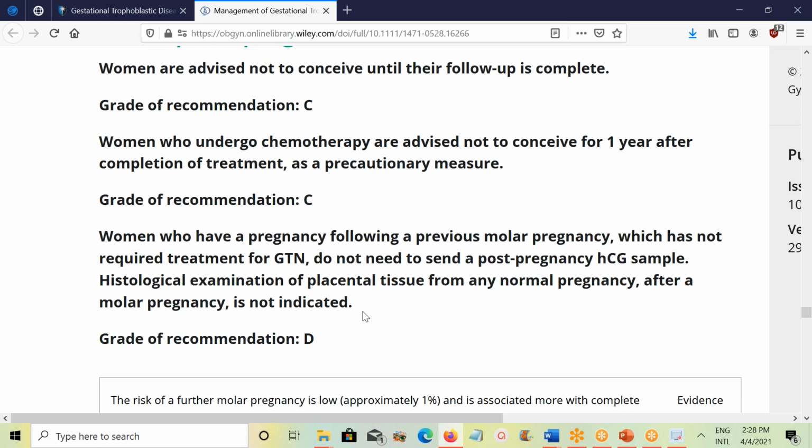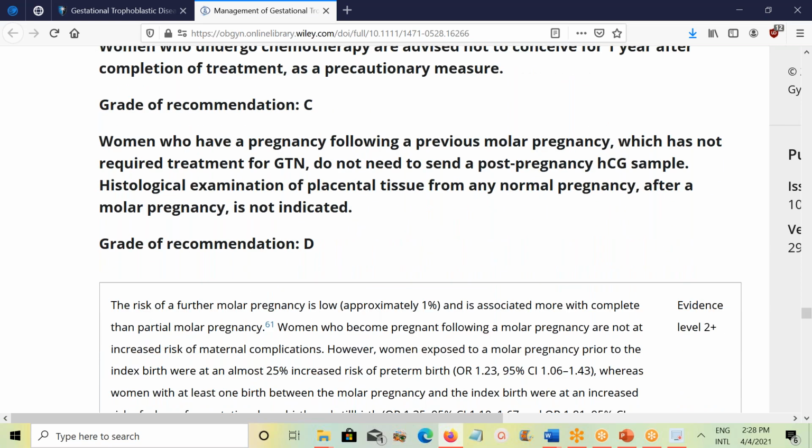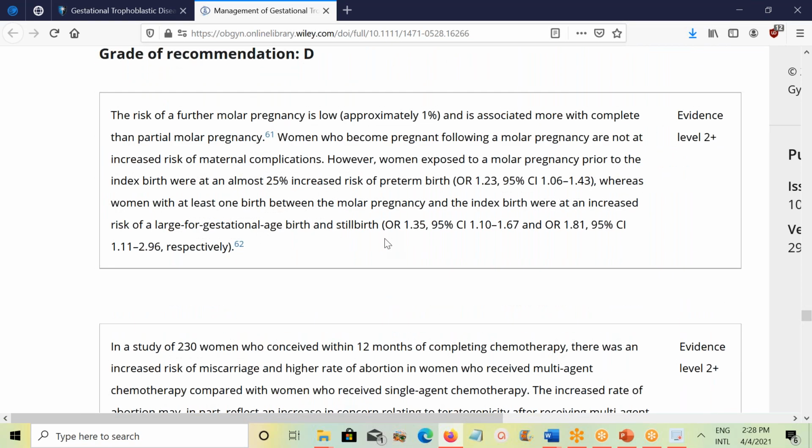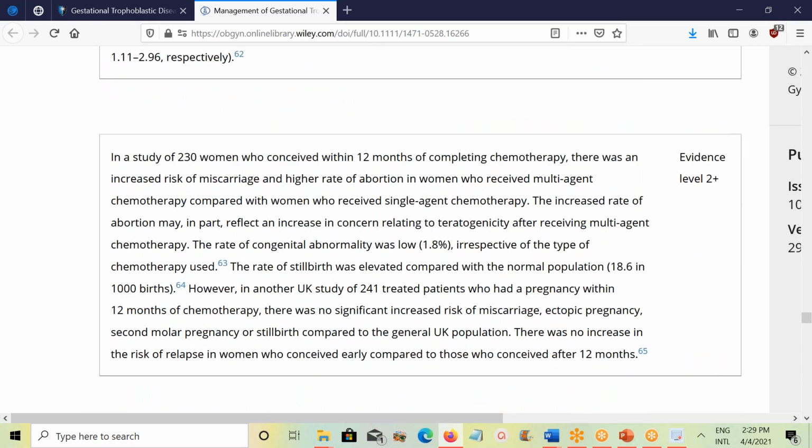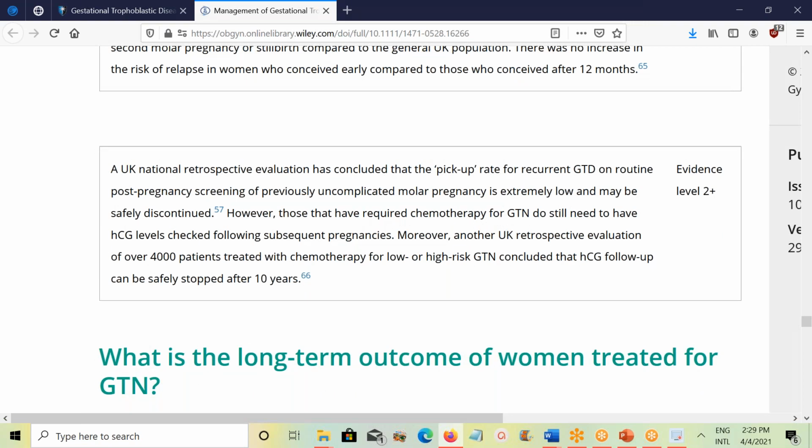Previously, you remember we said after each normal pregnancy, we send samples to exclude the beta HCG, to exclude the chance of having a molar pregnancy. Now, if you go to the guideline, it says that the risk of further mole is less than 1% when the woman had a molar pregnancy with no chemotherapy. The chance of recurrence is less than 1%.